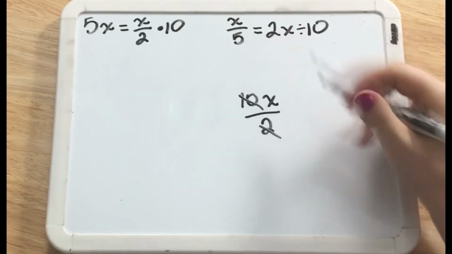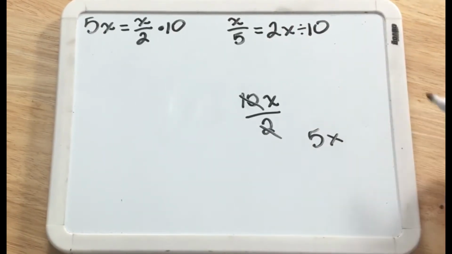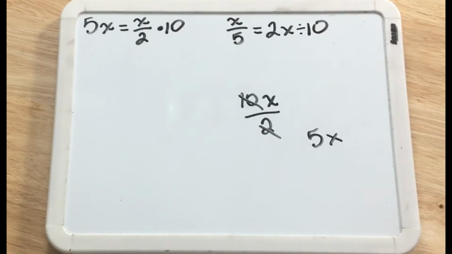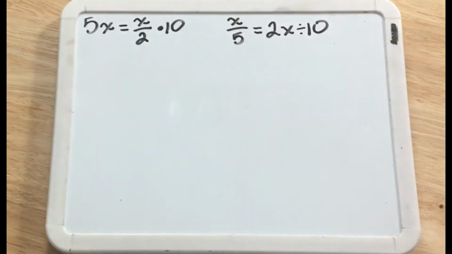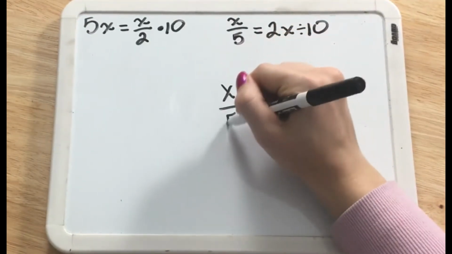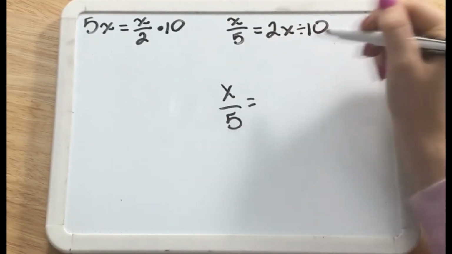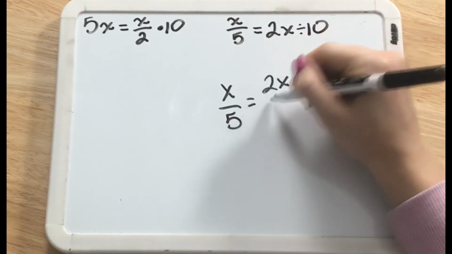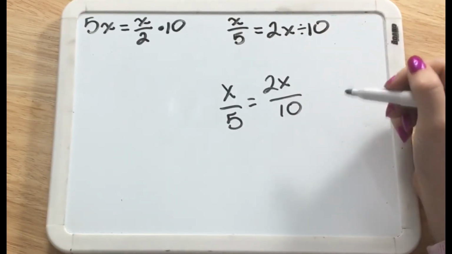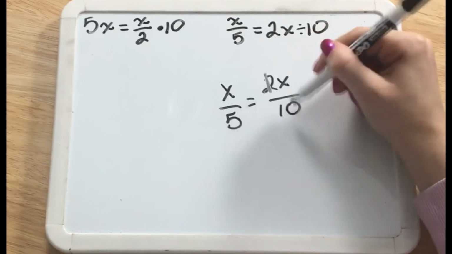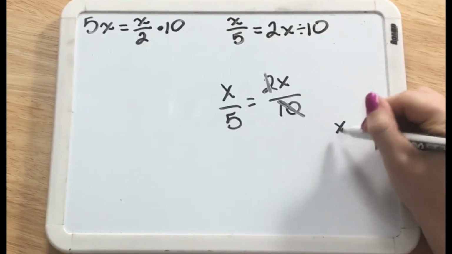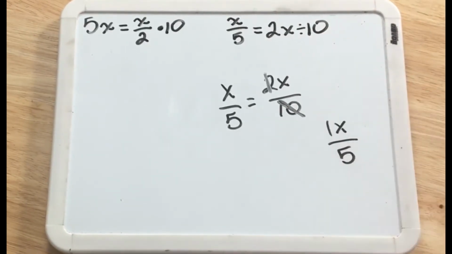The 10 and the 2 cancel out, so you're left with 5 times your number. So it really is just doing this, but in more steps that are easier steps, which makes it easier. Same thing with x divided by 5. You can rewrite this as 2x divided by 10, and then your 2 and your 10 would cancel out, so you would just have x over 5, or 1x over 5.